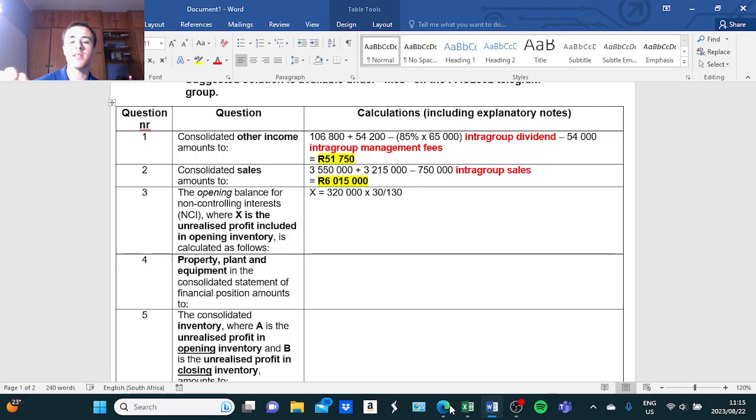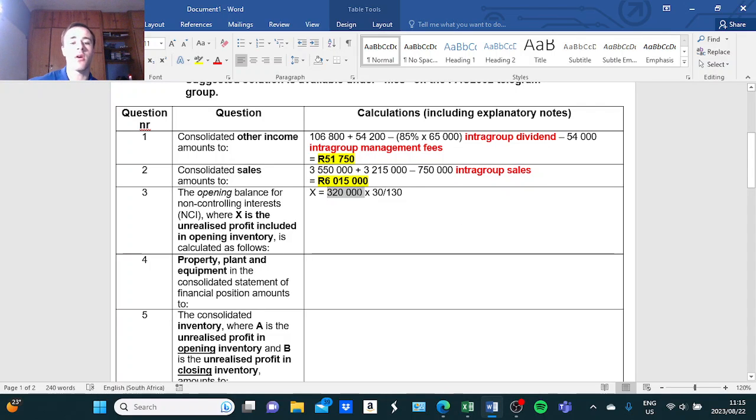The 30% is the markup, and because this amount already includes the unrealized profit of 30%, we will use 130 as part of this calculation, not 100, because this is actually the sales value for Ryan Limited.